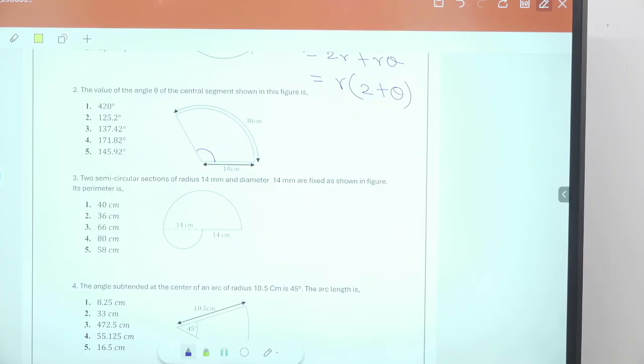Got it? Anyone got the answer? Second question.